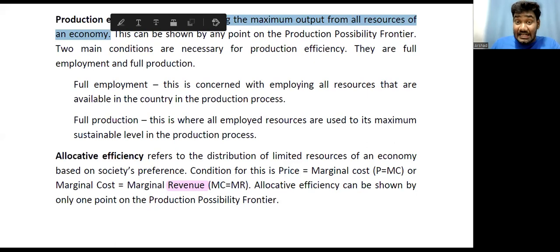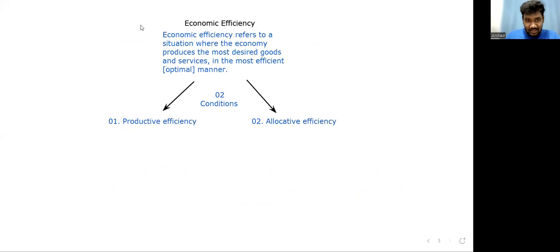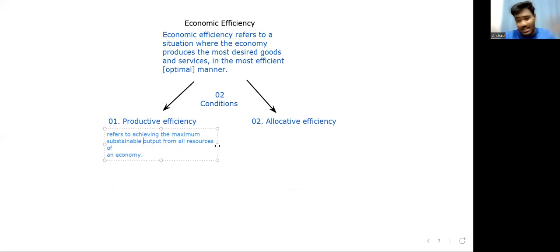Achieving the maximum output. I'll make a small adjustment there as well: achieving the maximum sustainable output from all the resources of an economy. That is what you call productive efficiency, to produce the maximum sustainable level that we can actually produce in the economy.